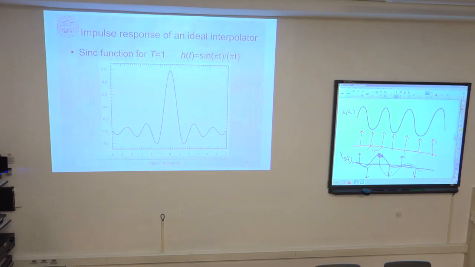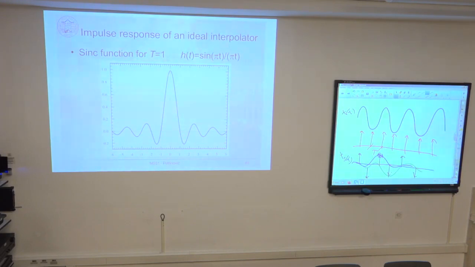A filter is causal only if the impulse response is different from 0 only after t equal to 0. It means it cannot make a prediction of the input. So it has the response only after the input. So realizable filters that can be implemented have the impulse response only after this point. It's a non-zero impulse response. To the left, it must be 0.